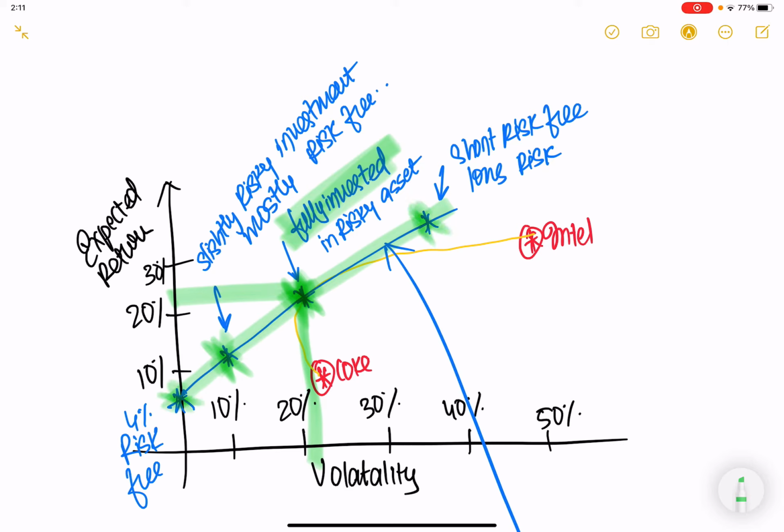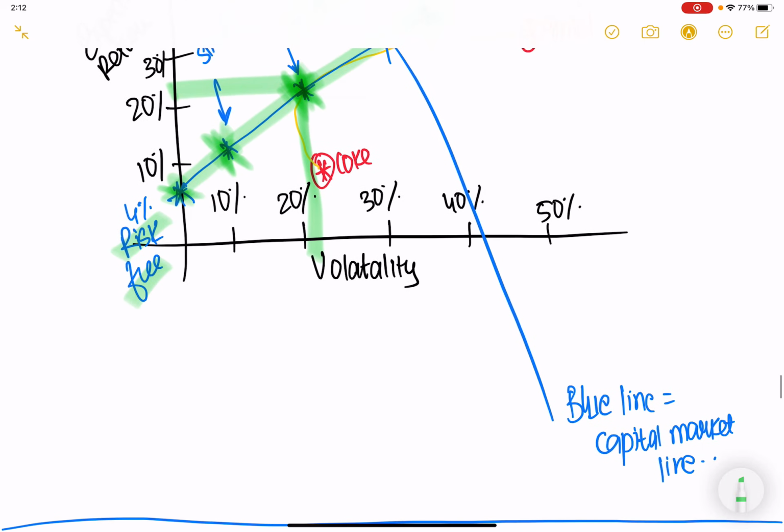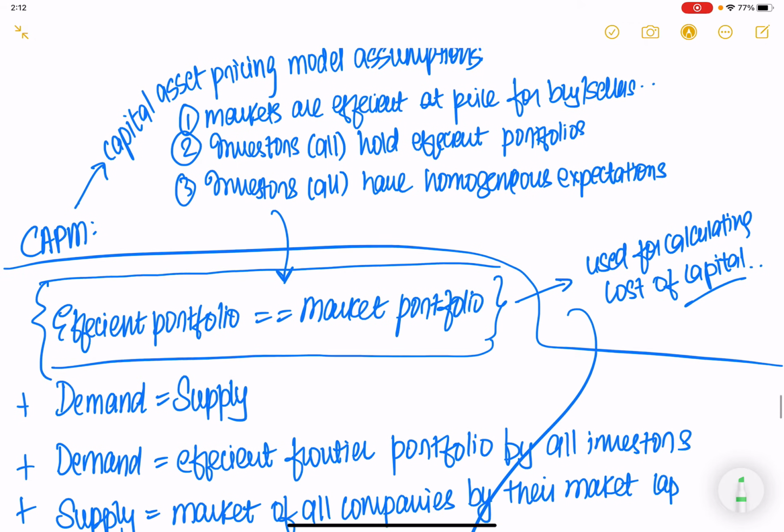Or you could say, hey, I want to actually short my stock and my risk-free rate, and then I want to actually go long, right? So that gives you a way to actually go long here. So this blue line is the capital market line. That's the key. You can invest in any of these portfolios and still make the best return for the risk that you take on.